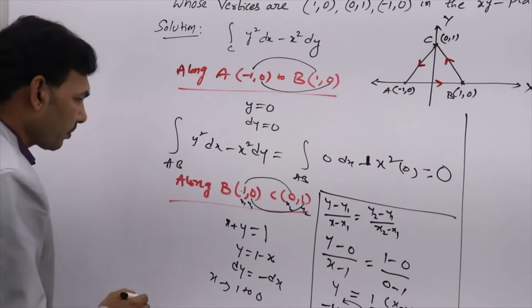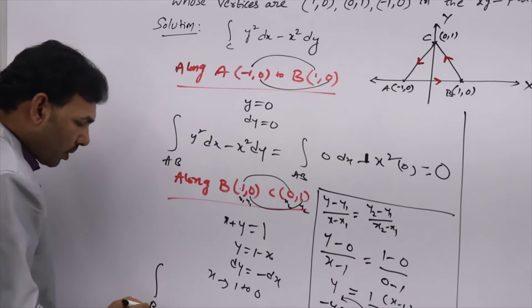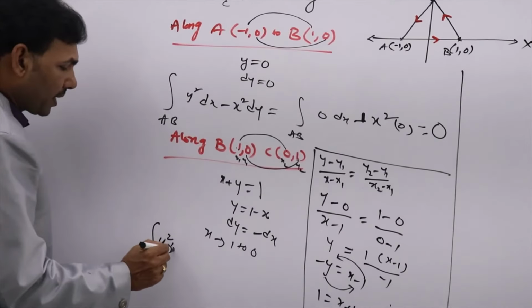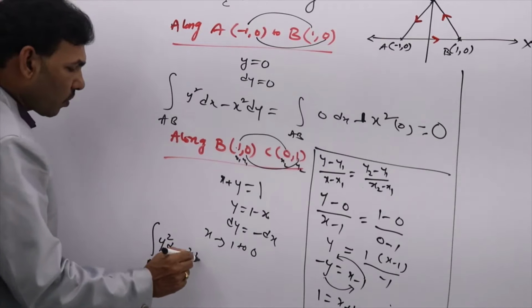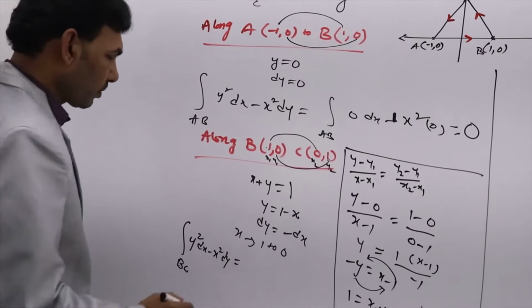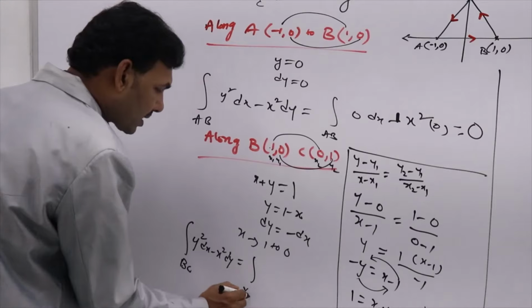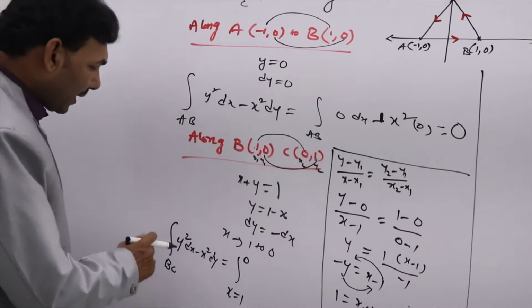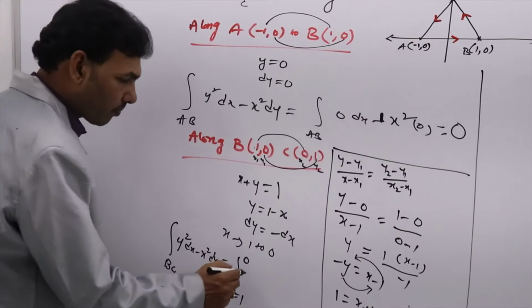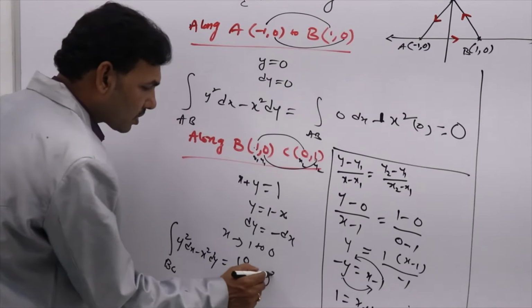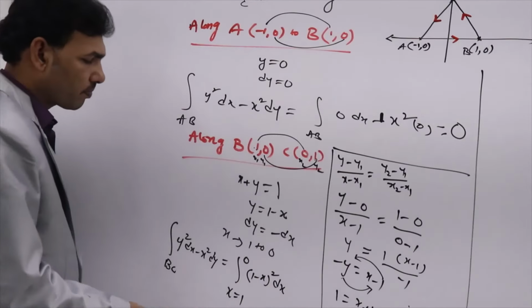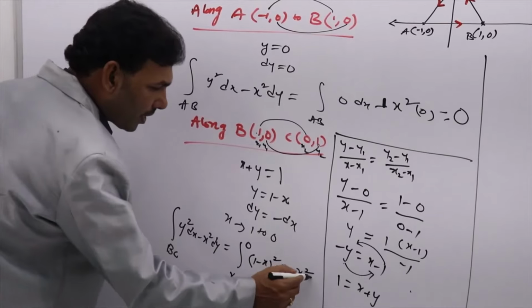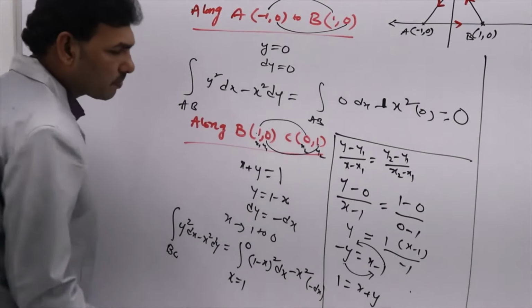Now the integral over BC of y square dx minus x square dy equals the integral for x from 1 to 0 of (1 minus x) whole square dx, x square will be the same, and in place of dy write minus dx.